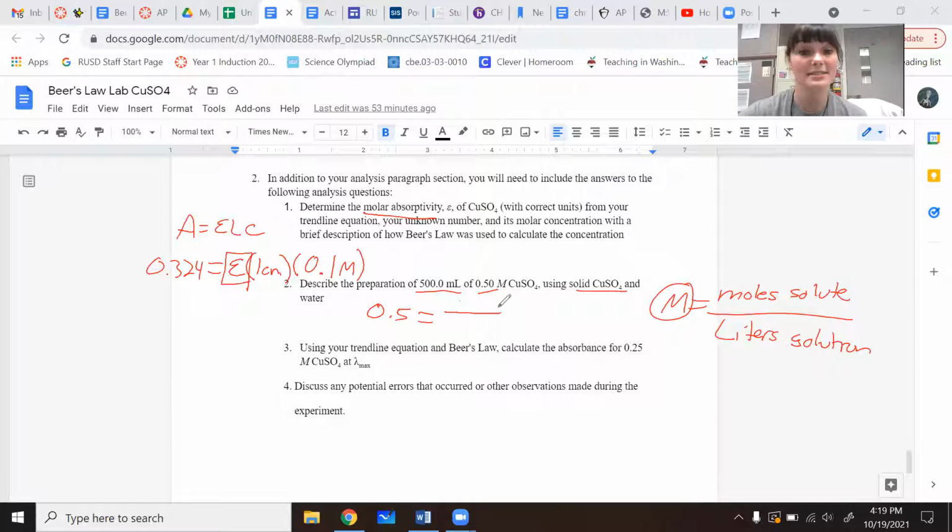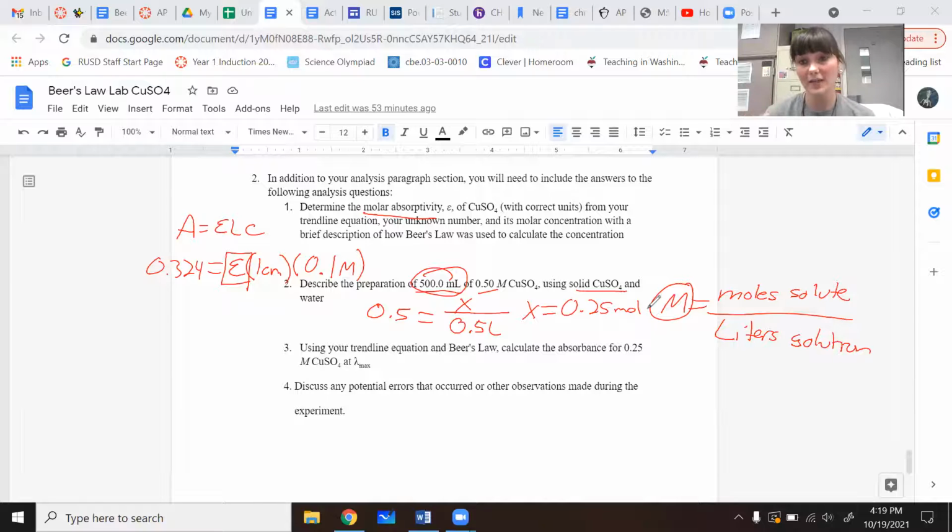And that is equal to some amount of moles over 500 milliliters, which is the same thing as 0.5 liters. So if we solve for X, we can get how many moles of this solid stuff that I need to make that solution. So if I solve for X real quick, I get X equals 0.25 moles of copper 2 sulfate.